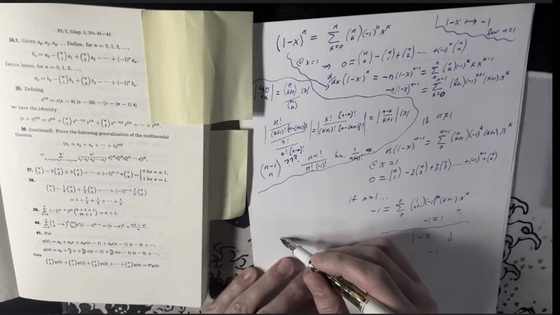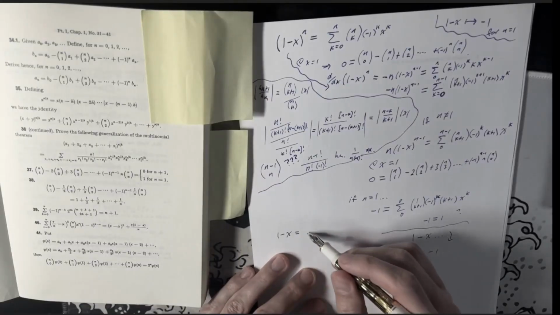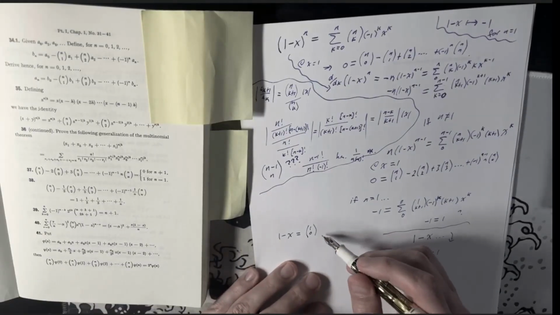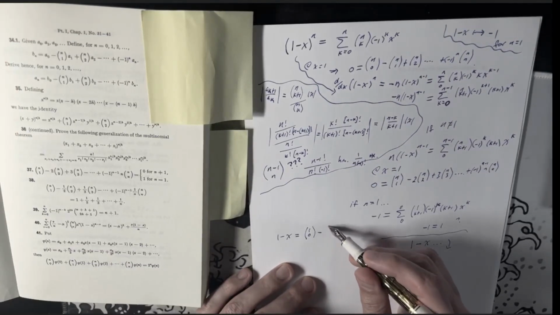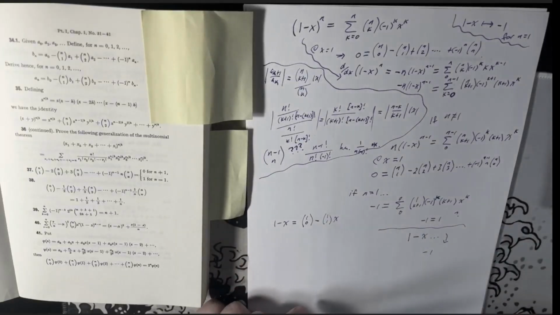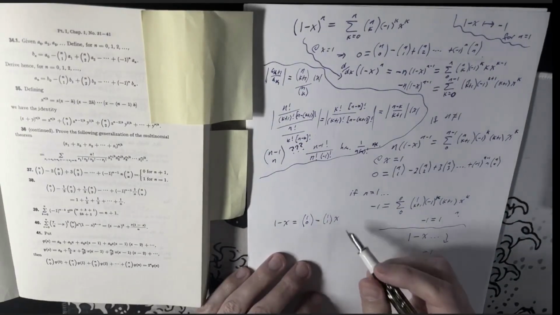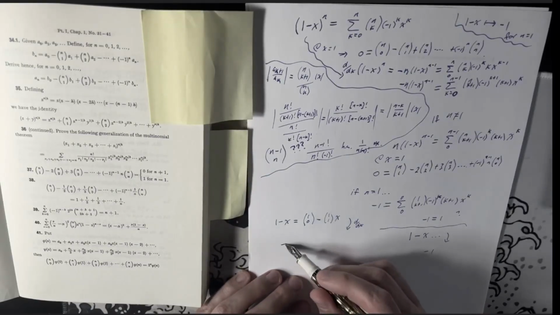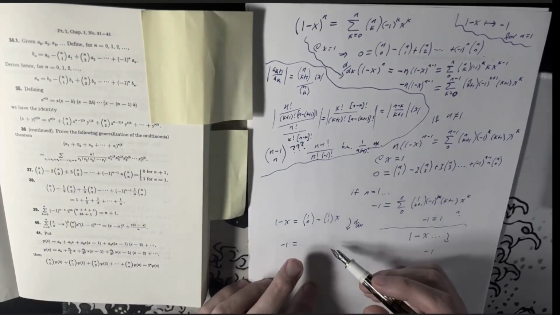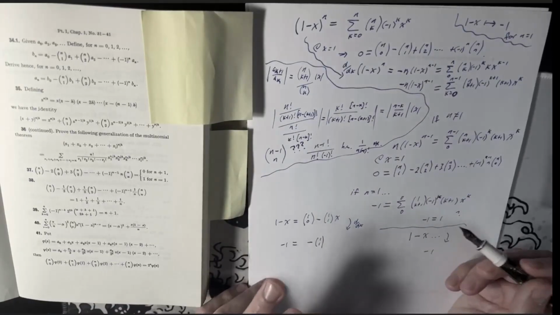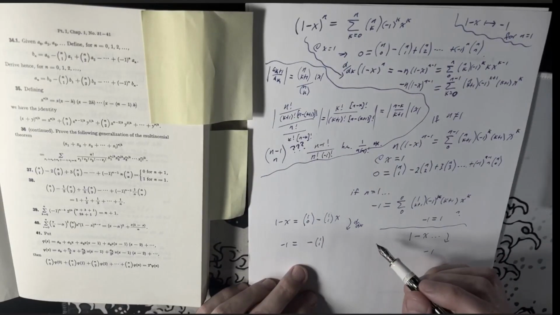We started with this. 1 minus x is 1 choose 0 minus 1 choose 1 times x to the 1, right? If we differentiate, you just get -1 equals -1 and all is right with the world?